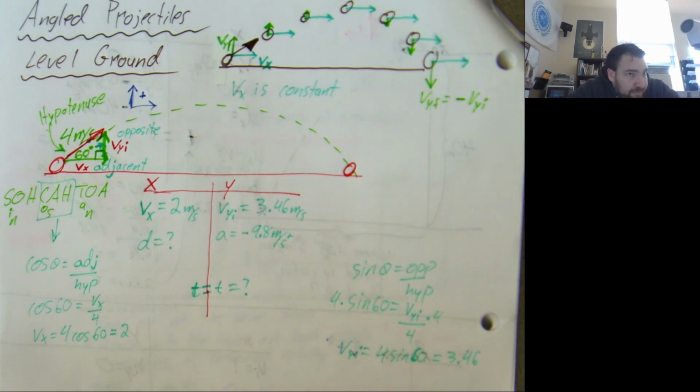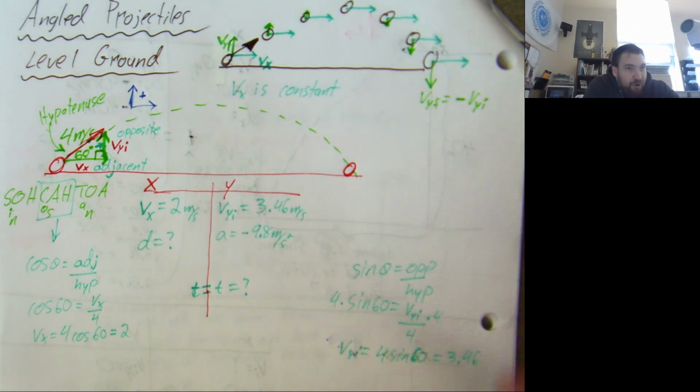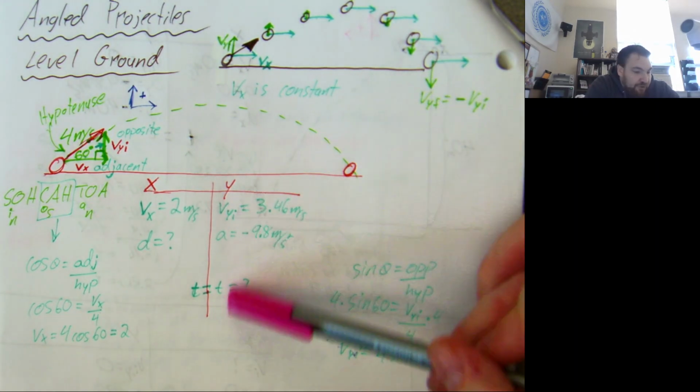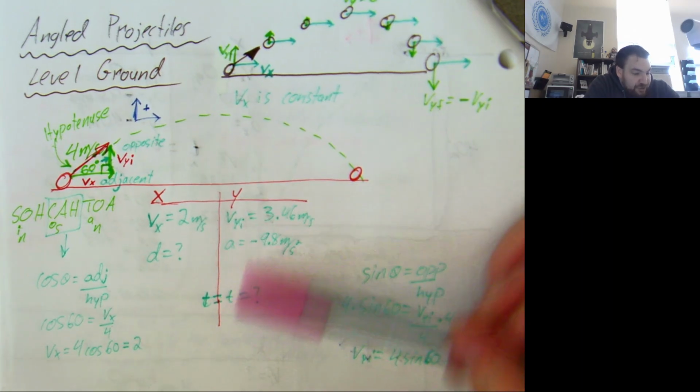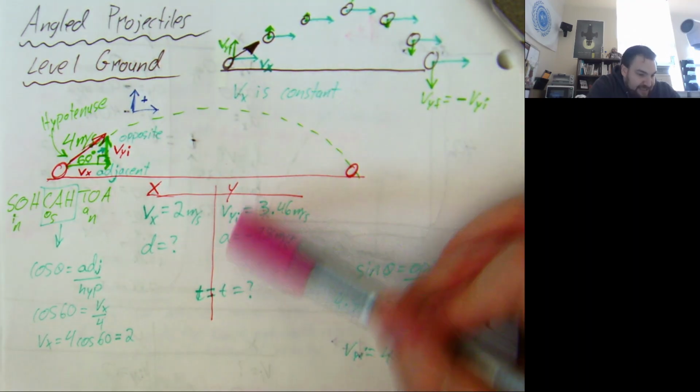I'll give you a hint. If this weren't there, it would never come back down. Gravity. And gravity is acting vertically. So the portion of the problem that is going to impact this is the vertical component. The only way we're going to find time, given the information that we have here, is this.